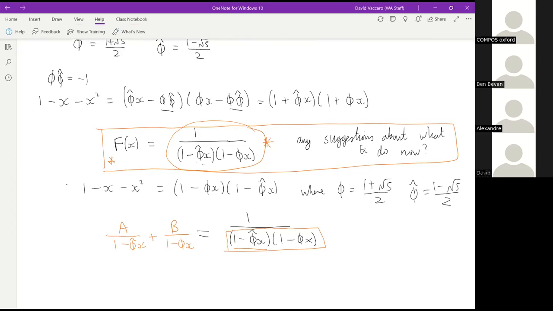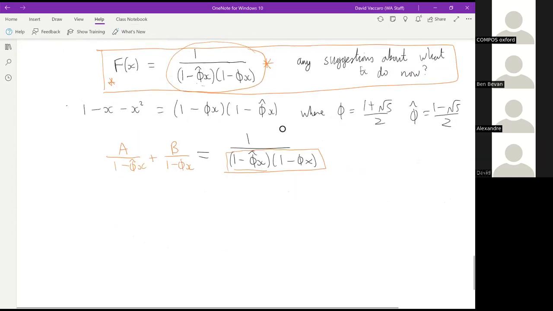And if we choose A and B correctly, we should be able to get a numerator equal to 1. If you're watching this on catch up, this would be a very good place to pause it to try and find the A and B. Those of you in the know will know that this method is called partial fractions.